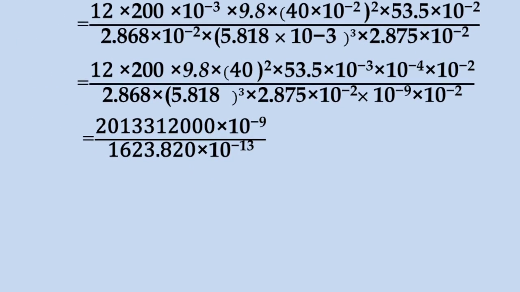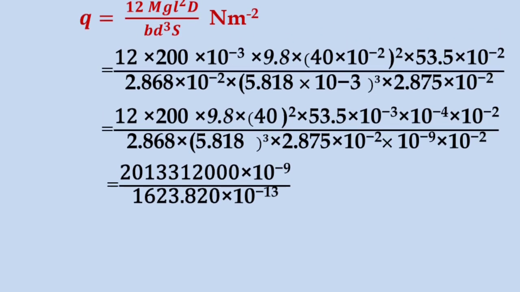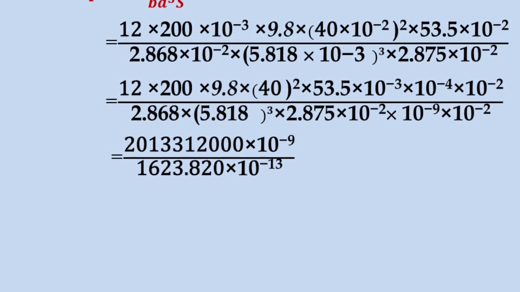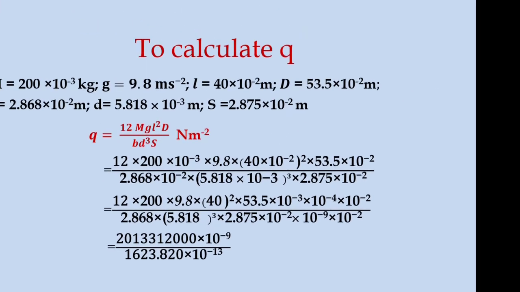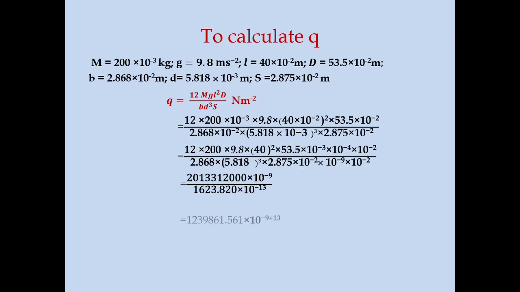So when you multiply, we get in the numerator 201331200 into 10 power minus 9. In the numerator you have minus 3, minus 4, minus 2, so totally we have 10 power minus 9. This is divided by the denominator. When you multiply all the denominators, we get 1623.820, and add up the powers in the denominator, minus 2, minus 9, minus 2, so they add up to 10 power minus 3.